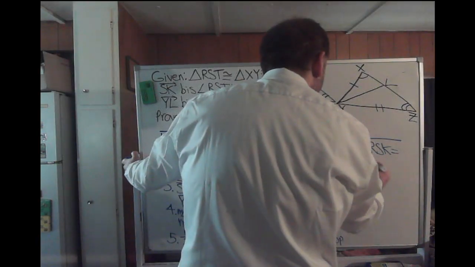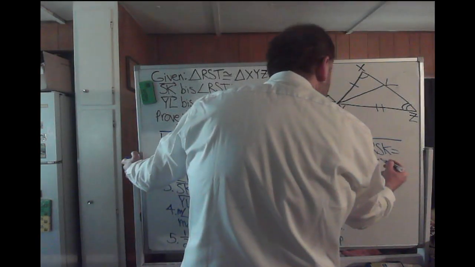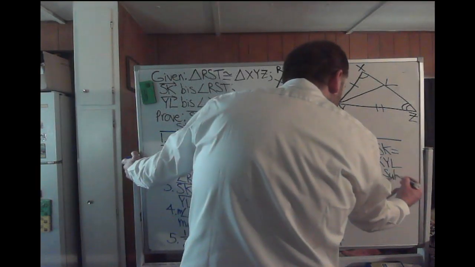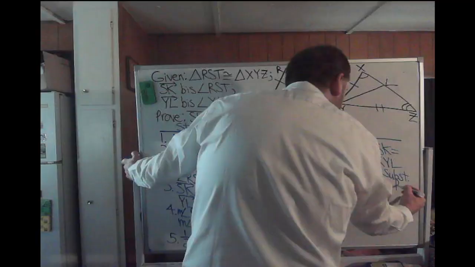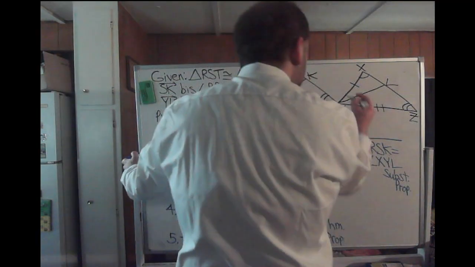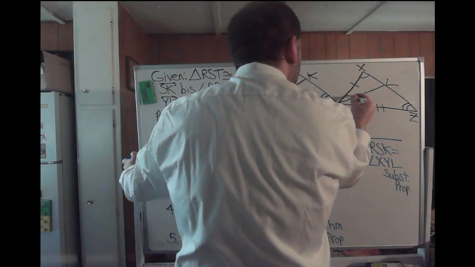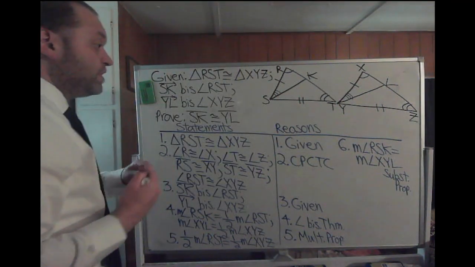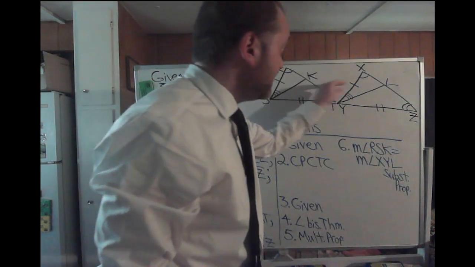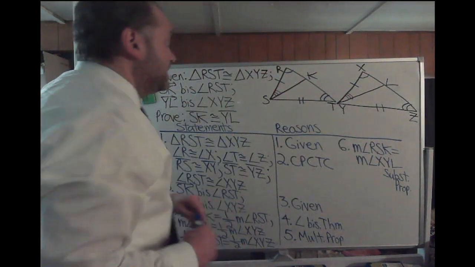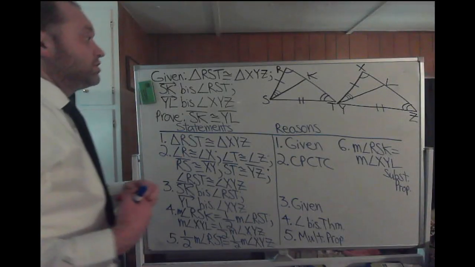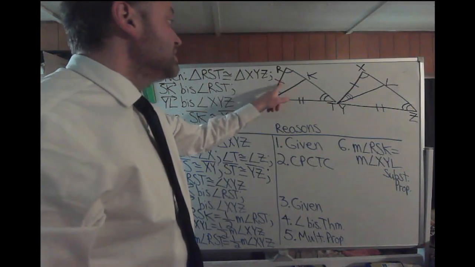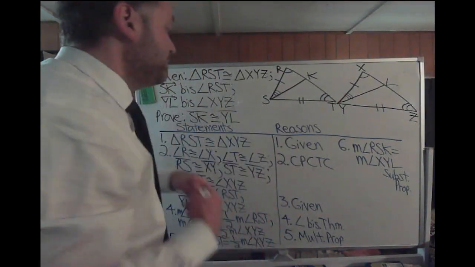Now, by substitution, for step 6, we can say that the measure of angle RSK is equal to the measure of angle XYL. That's simply by the substitution property. So let's go ahead and mark these angles congruent on our diagram, because we've now proven RSK congruent to XYL by the substitution property. Now, do yourself a favor, look only at triangles RSK and XYL. You notice you have an angle, a side, and an angle congruent in each one, right?